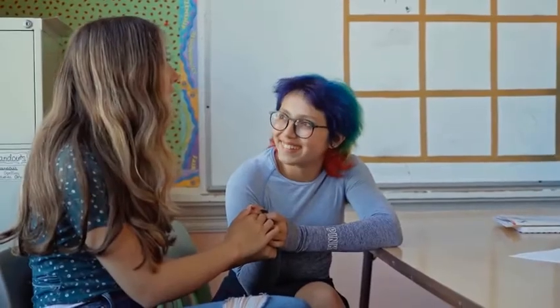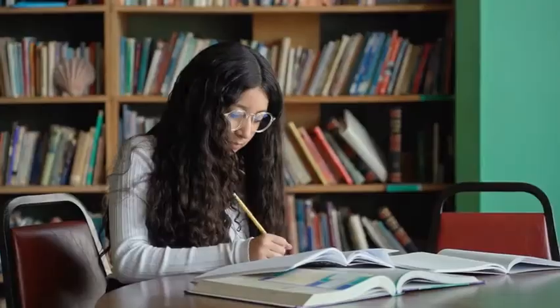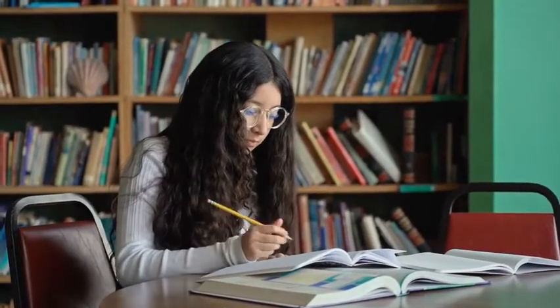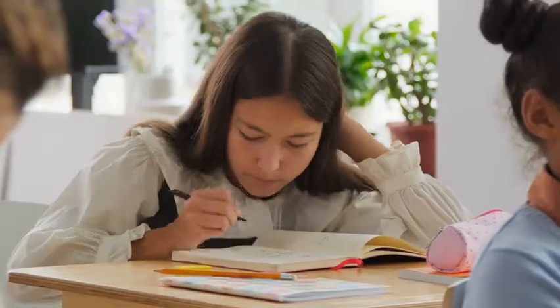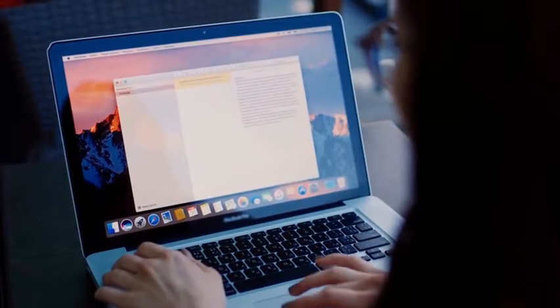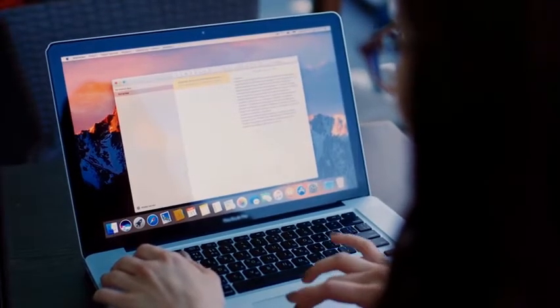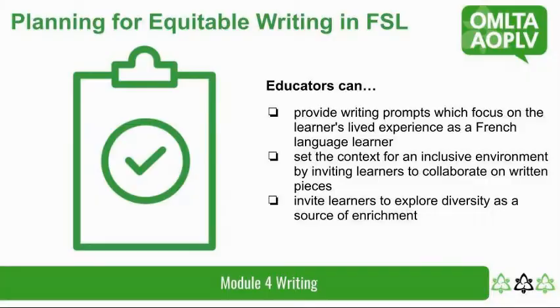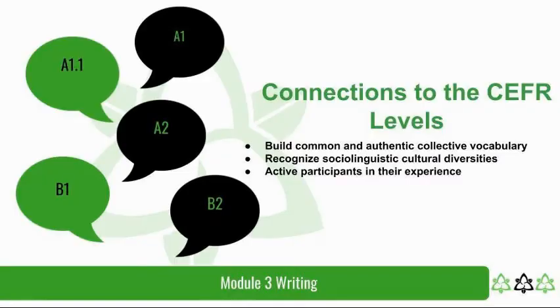Educators can invite learners to explore this diversity by speaking with different people or researching various cultures and ideas and incorporating this new knowledge into their writing. Learners will recognize themselves as writers based on cultural and linguistic backgrounds, and will recognize how the diverse sociocultural identities within the FSL classroom enrich the community of the learning environment.